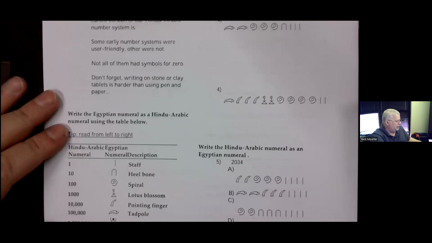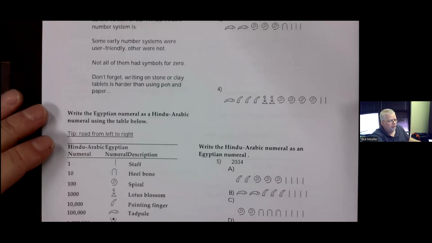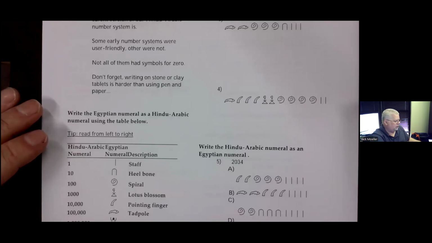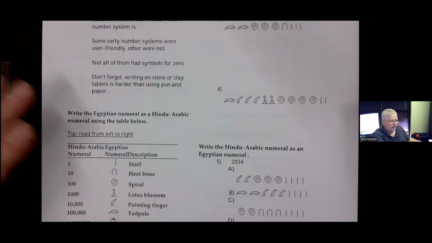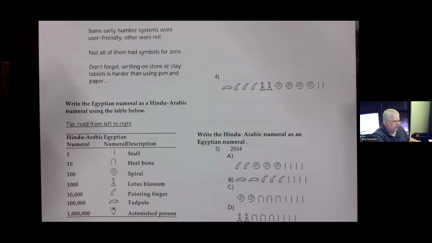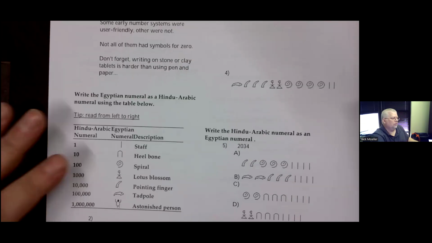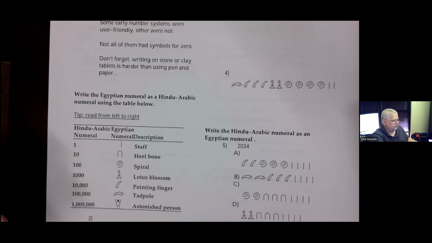Also, if you're wondering about the symbols they used, remember they didn't always have paper and pen. Sometimes they had stone or clay. The Egyptians liked their hieroglyphics, so that's what they lean towards. Those digits of 0 through 9 took a while to develop.